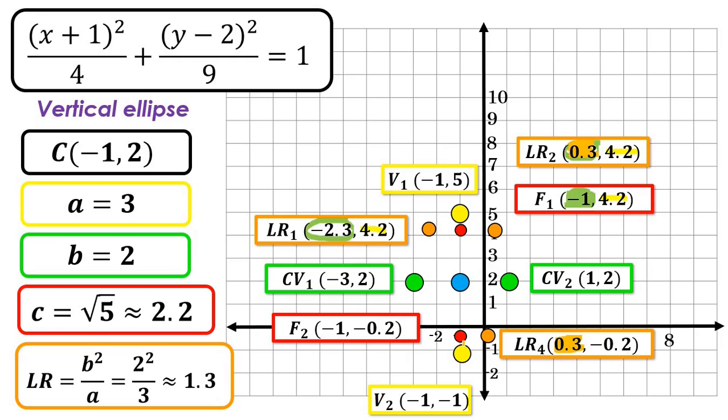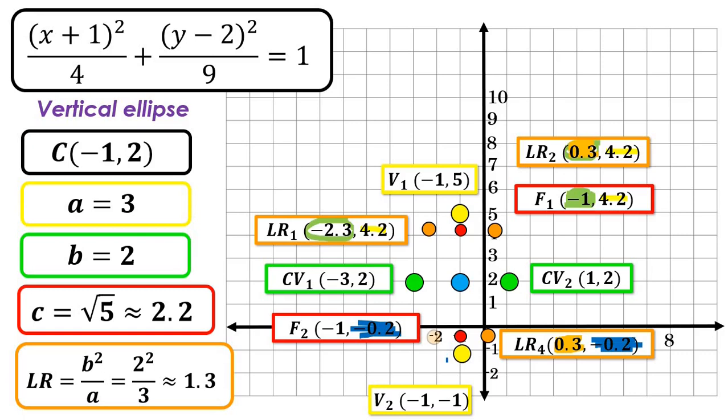So starting from this focus, -1, we moved 1.3 units to the right. That's why that is also addition, -1 plus 1.3. Meanwhile, they have the same y-coordinate, which is -0.2, because they are aligned horizontally.